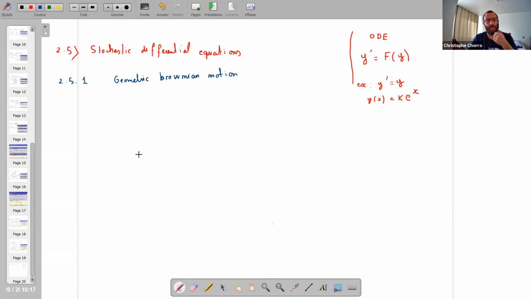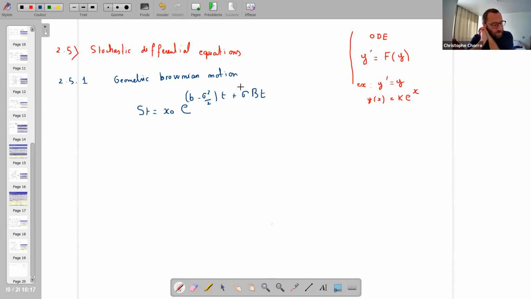Remember that we have seen together the definition of the geometric Brownian motion. It was defined this way: S_t equal to x0, a number, times exponential of (b minus sigma squared over 2) t plus sigma B_t.